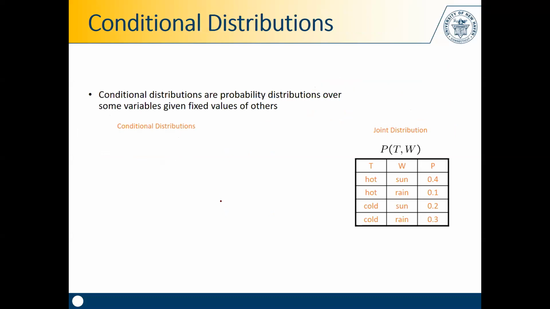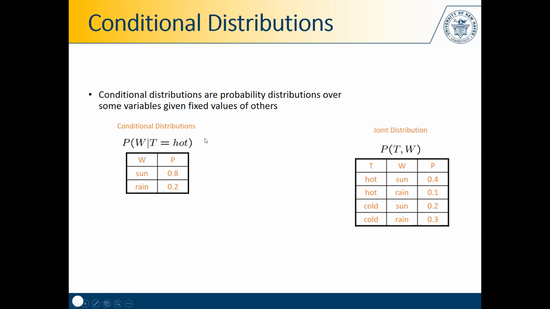Now, I'm going to introduce a notion of conditional distributions. Conditional distributions are probability distributions over some variables given fixed values of others. What does that mean? Given this joint probability distribution over T and W, the conditional distribution of the variable W given the assignment of hot to variable T can be represented as such.